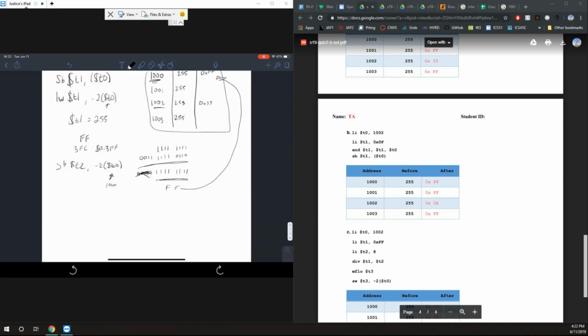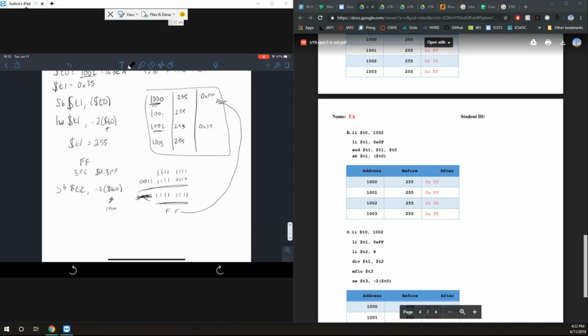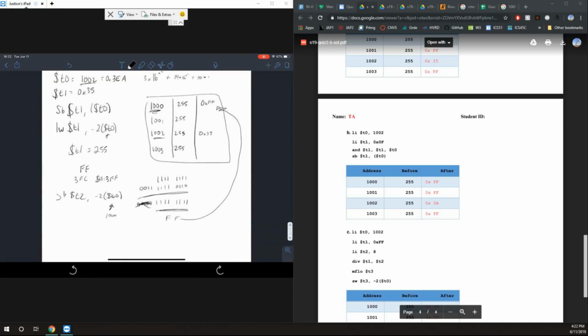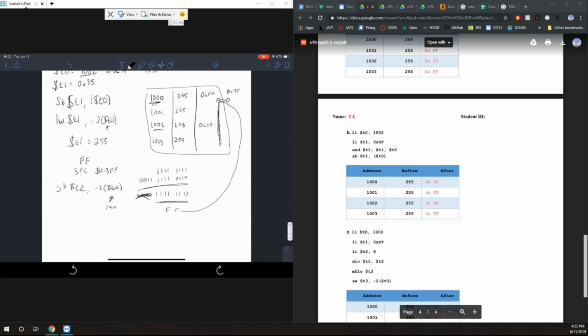That makes sense? If it was store word, it would take up all of these, and it would end up being 0x3F, 0xF0, 0x00, I think. The top one's FF, the top is the lowest byte.